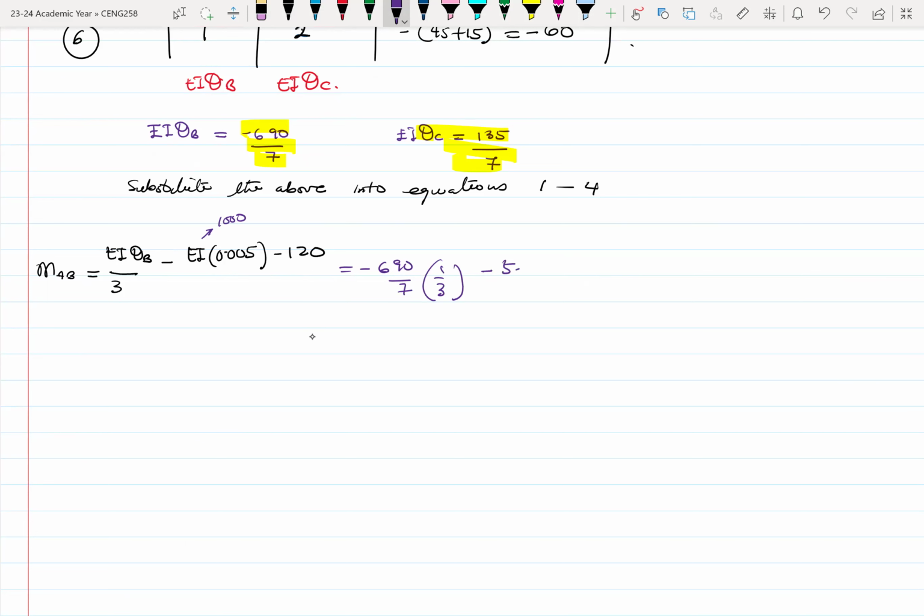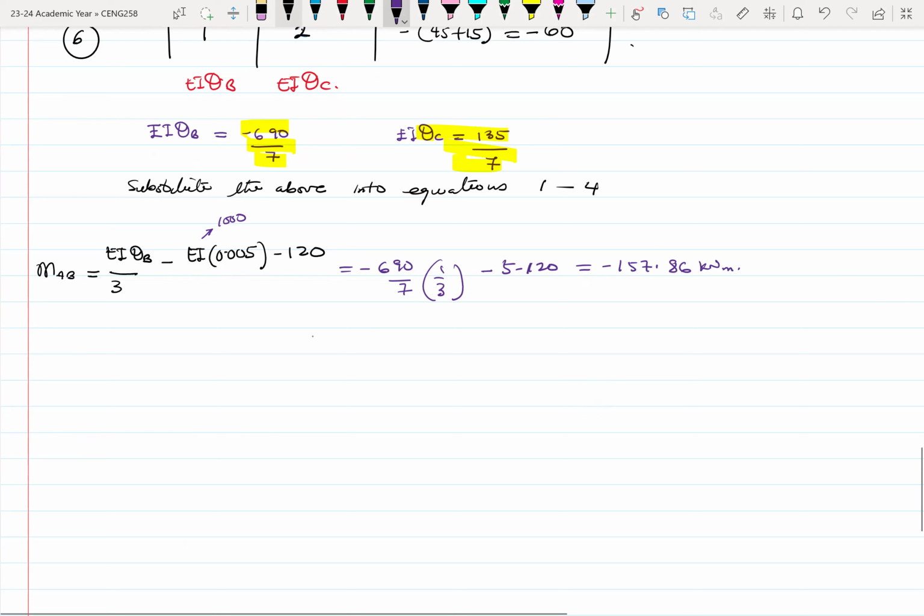So minus 5 minus 120, and now that gives us minus 125. So we end up with roughly minus 157.86 kilonewton meter, and that makes sense.